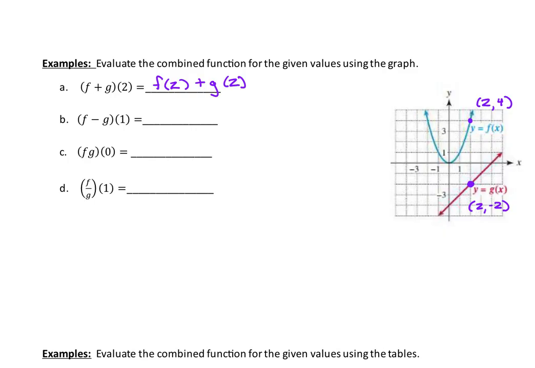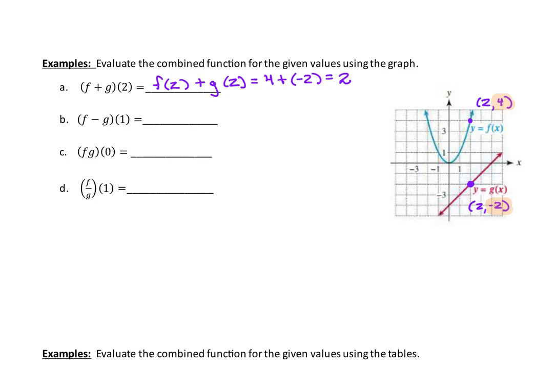And so when we want to evaluate this, what we want is the y values. f of 2 is equal to 4, and g of 2 is equal to negative 2. And from here, we simplify. 4 plus negative 2 is 2. And so that's what f plus g of 2 is equal to.